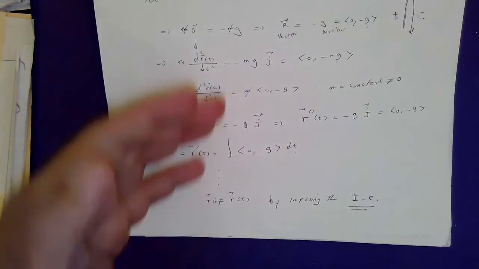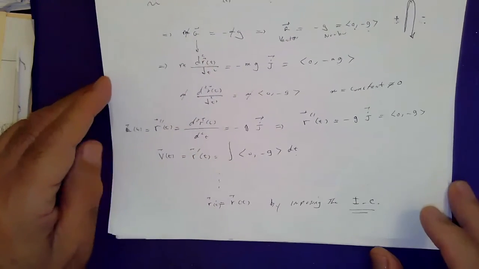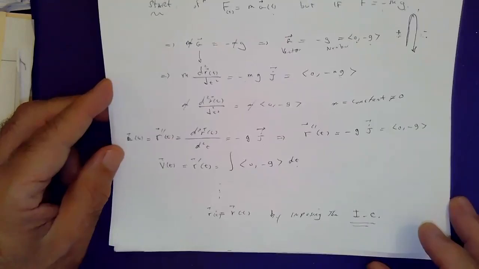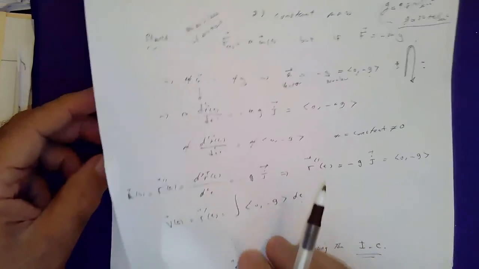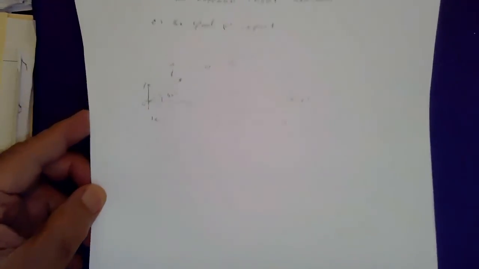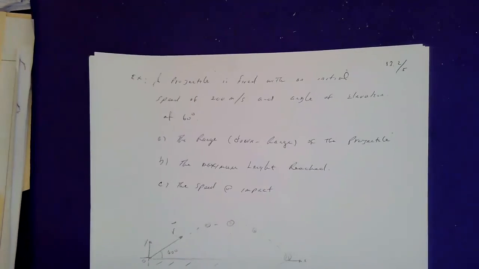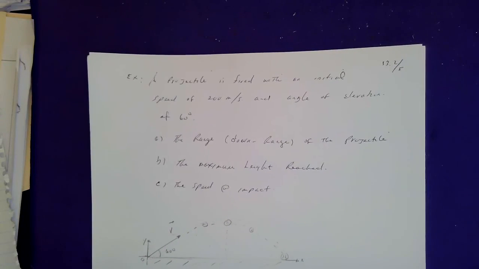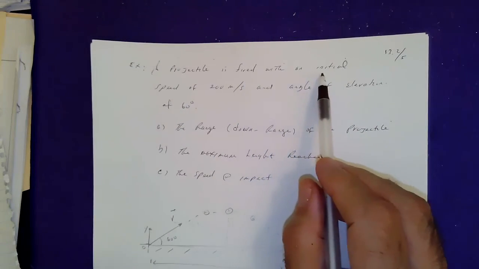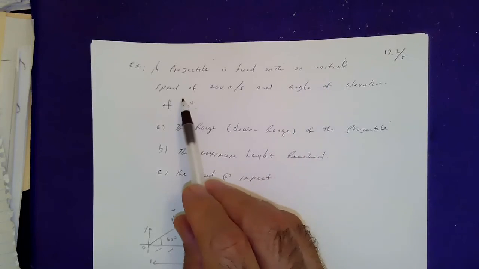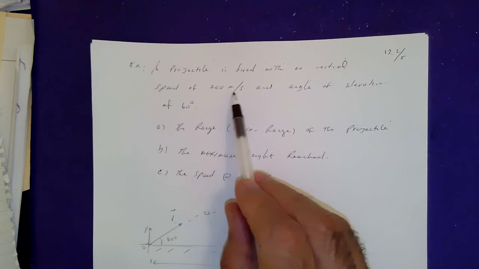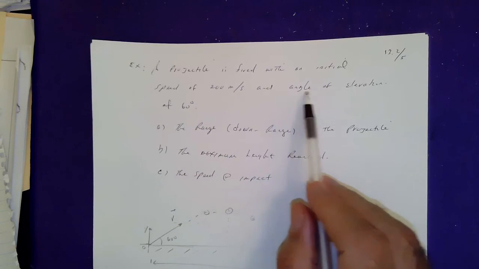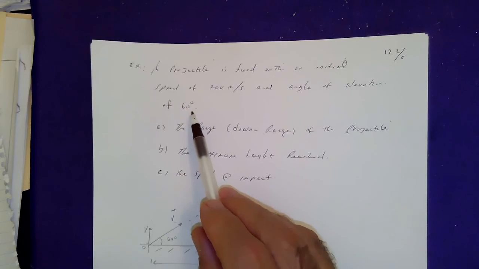So to go over this short story, what do you say we do a quick example and then go from there? Here's the problem. A projectile is fired with an initial speed of 200 meters per second. And the angle of elevation is 60 degrees.